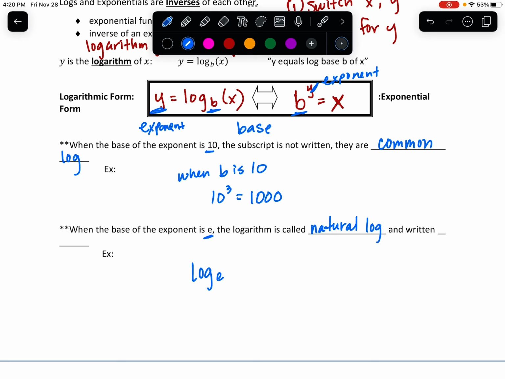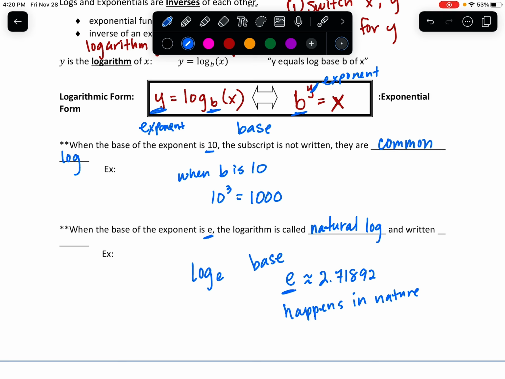So base e is approximately 2.71828, and I actually think I made up the last numbers. It's a number kind of like pi, 3.141592, that goes on forever, and it happens in nature.